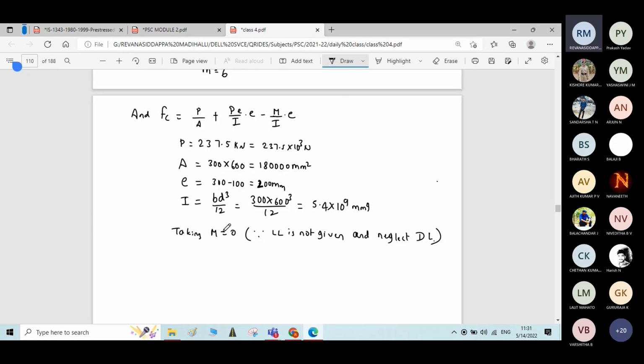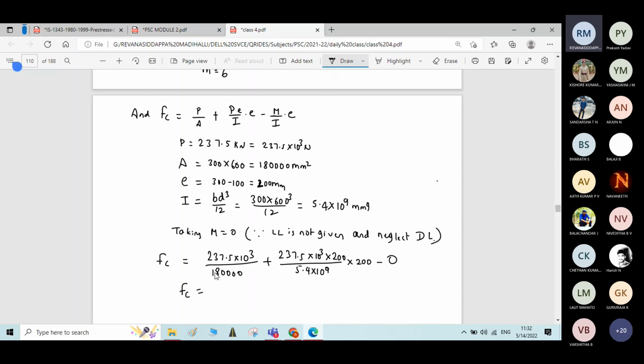Now you can calculate the value of fc. fc is equal to P, 237.5 into 10 power 3 divided by cross sectional area 180,000, plus 237.5 into 10 power 3 into eccentricity 200 into 200 divided by the moment of inertia 5.4 into 10 power 9, minus M by I. M value we are taking as 0, so that term becomes 0.